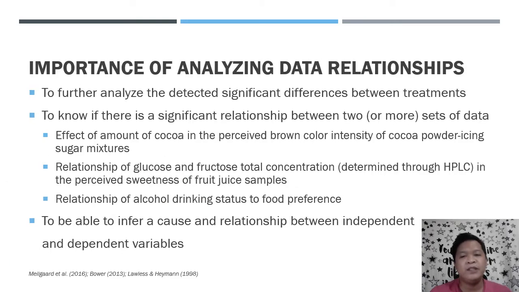So why do we need to analyze the relationship of our data? First of all, you want to simply do further data analysis if you had some significant differences in your sensory evaluation data, let's say between two samples of a food product in terms of maybe the hedonic rating or results of a difference test.